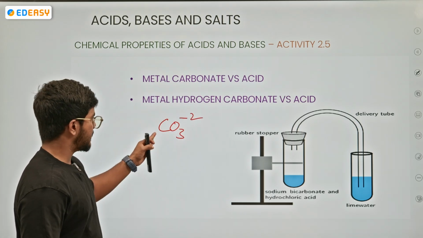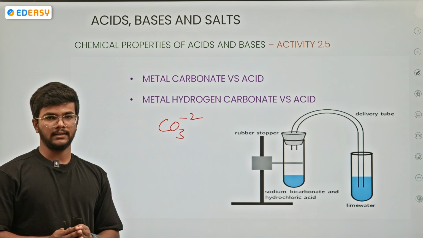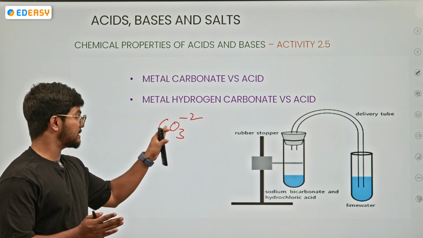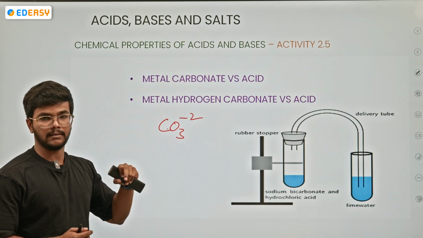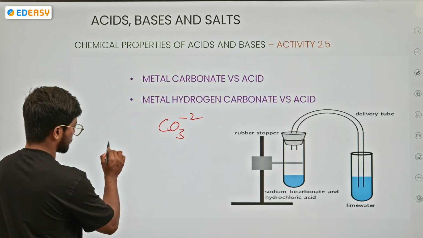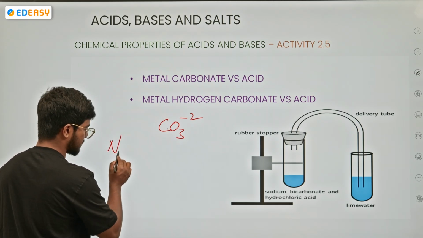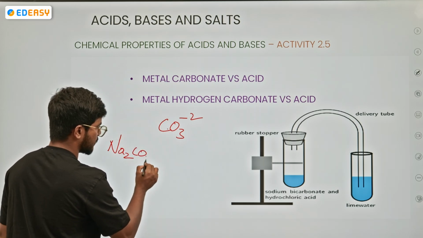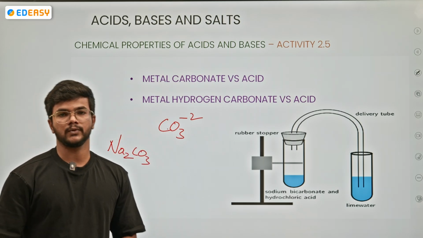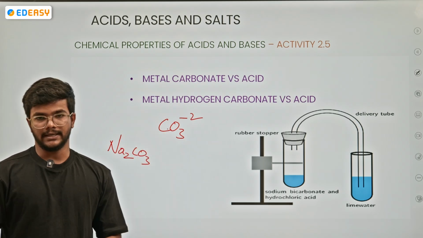When carbonate makes a bond with a metal, for example sodium, the formula is Na2CO3, sodium carbonate.